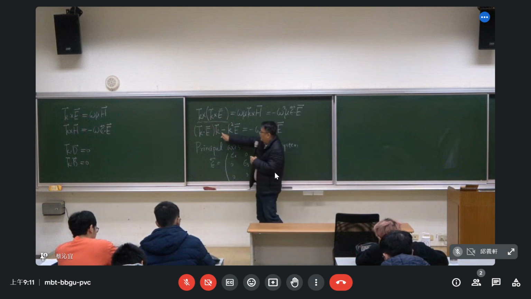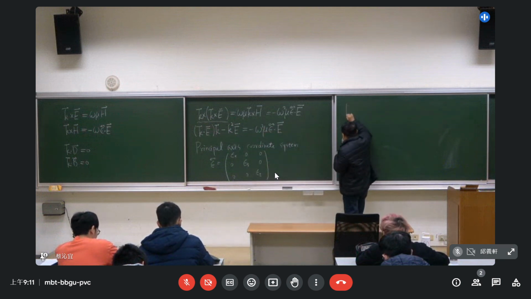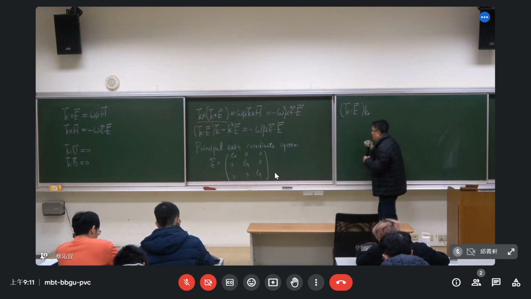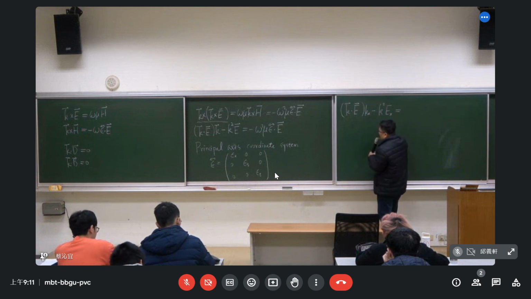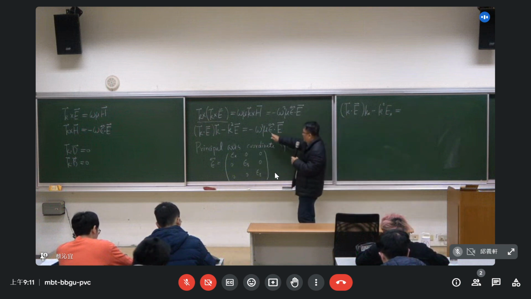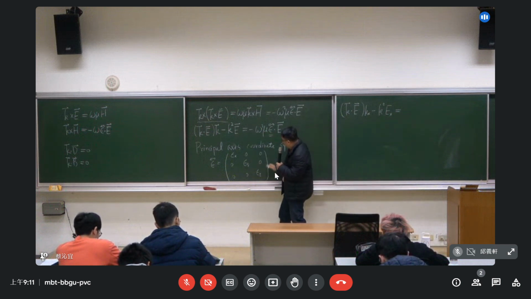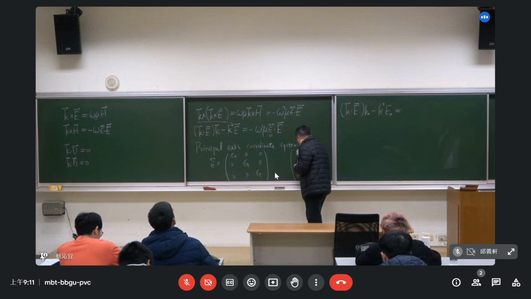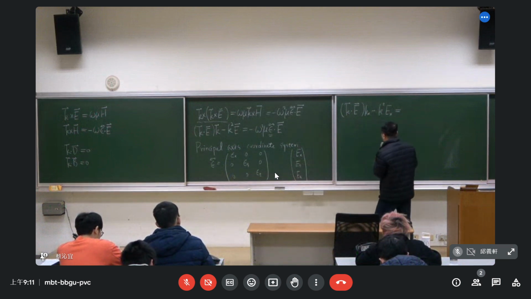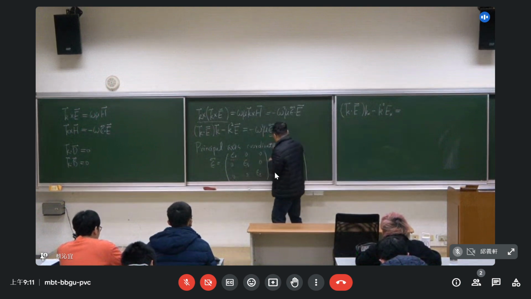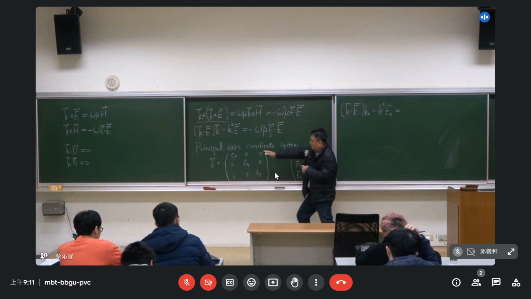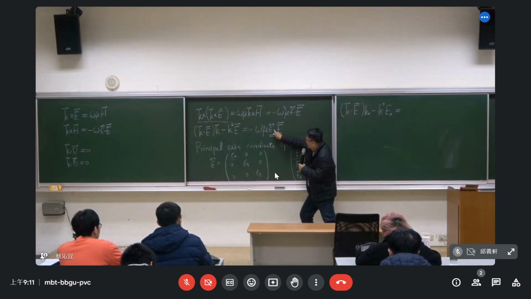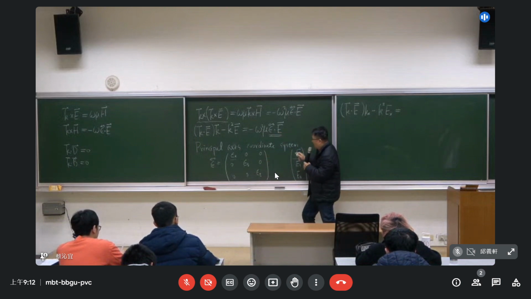Okay. So if I take the x component of this equation, I get K dot E times Kx minus K squared times Ex, which is equal to, when I multiply this diagonal matrix to the column vector Ex, Ey, Ez, the x component of epsilon dot E, which is just epsilon x times Ex.